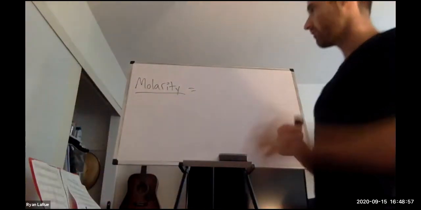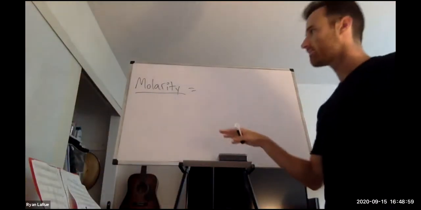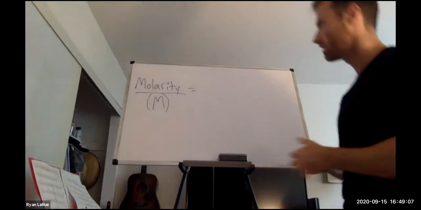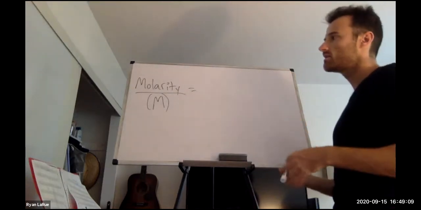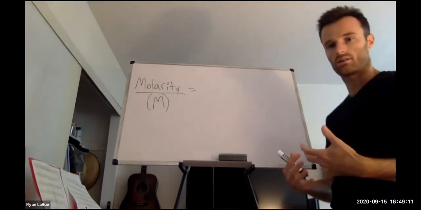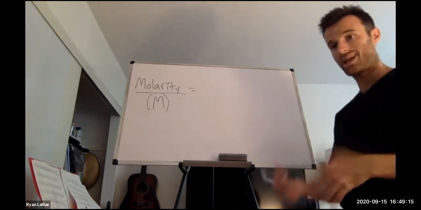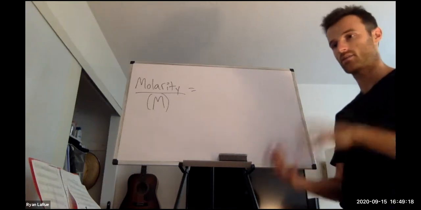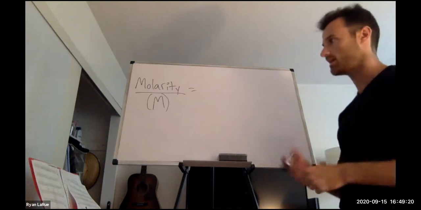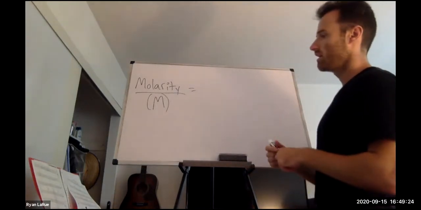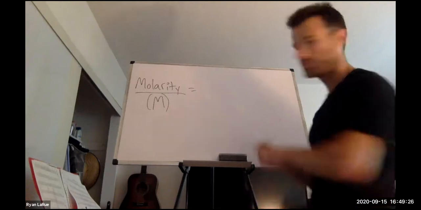This is in your lab packet in the introduction. Molarity, abbreviated as this big M, is a measure of concentration of a solute in a solvent. We haven't talked about that yet, so let's backtrack.